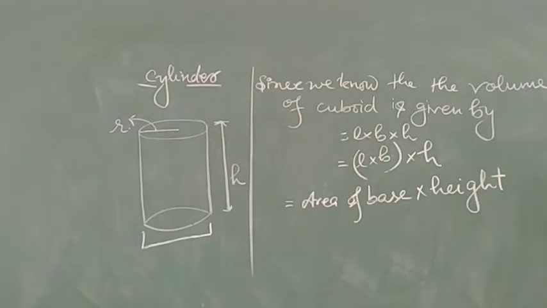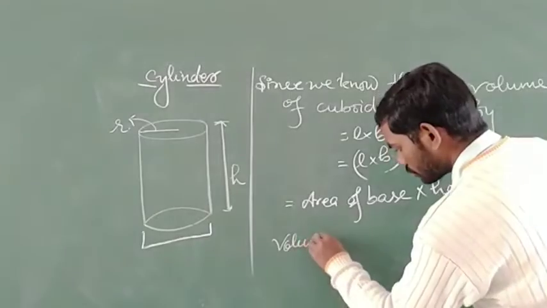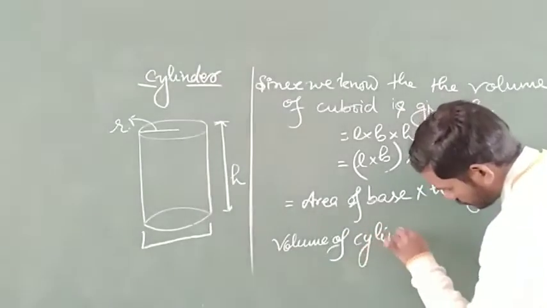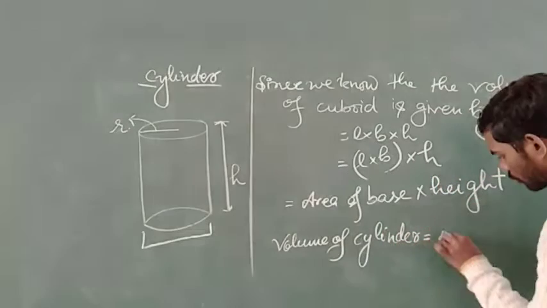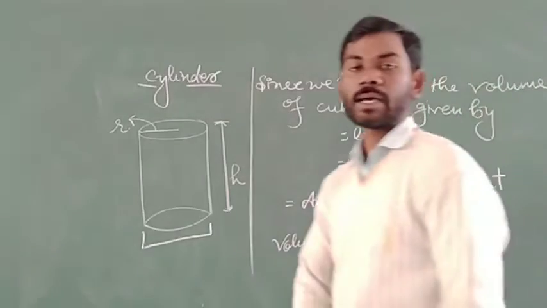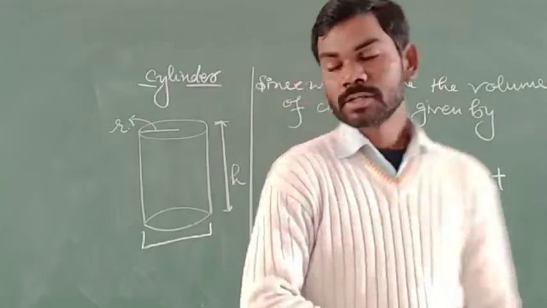So here we can write volume of cylinder is equal to pi r square into h. So pi r square into h will be the volume of the cylinder.